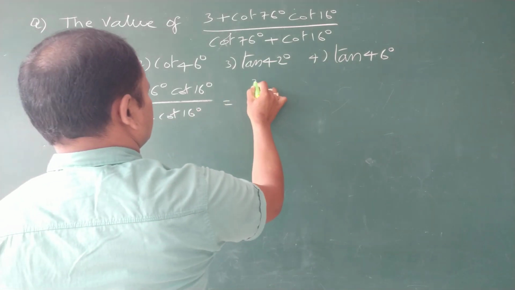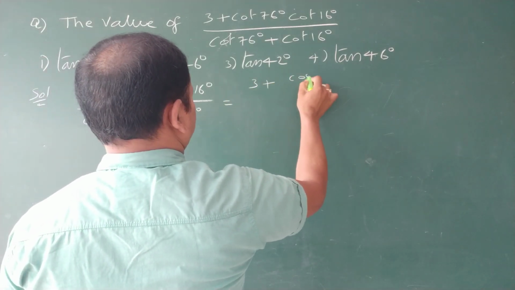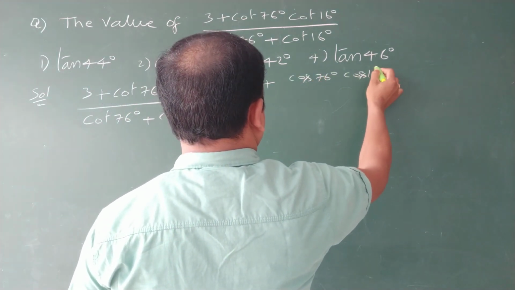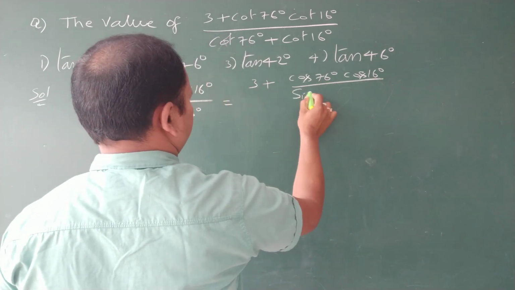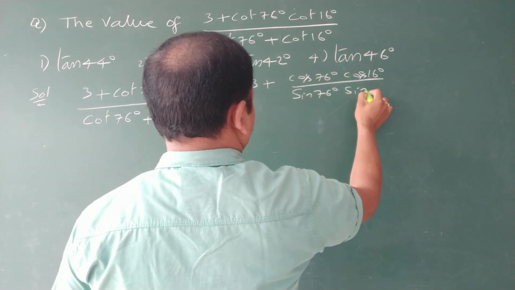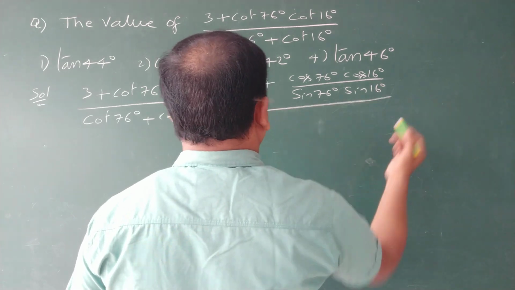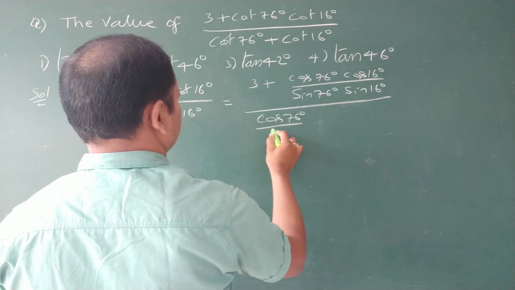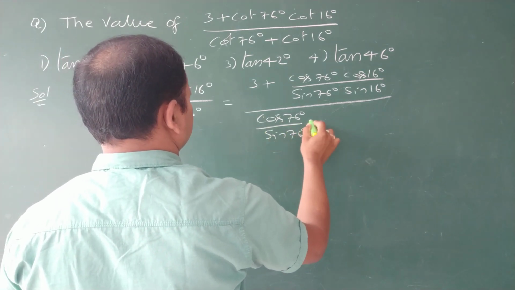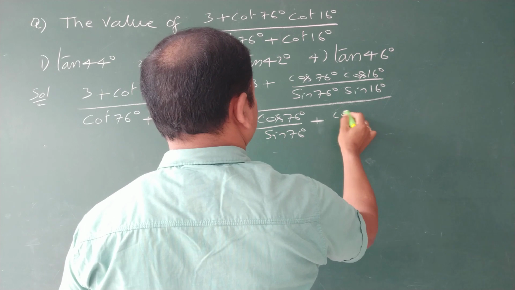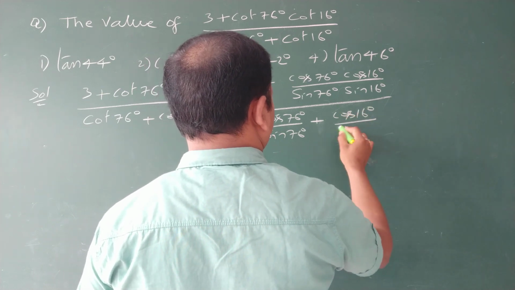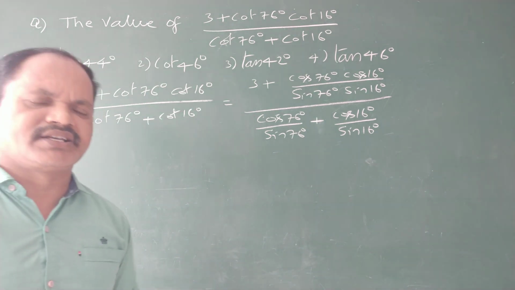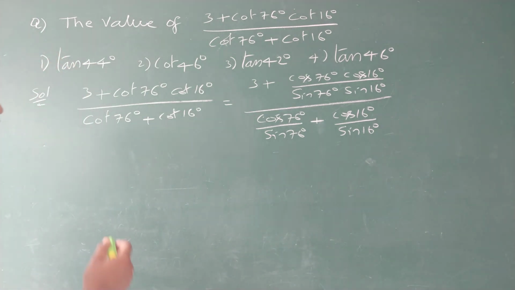This can be written as 3 plus cos 76 cos 16 by sin 76 into sin 16, whole by cos 76 by sin 76 plus cos 16 degrees by sin 16 degrees. Cot θ is nothing but cos by sin, according to that formula.